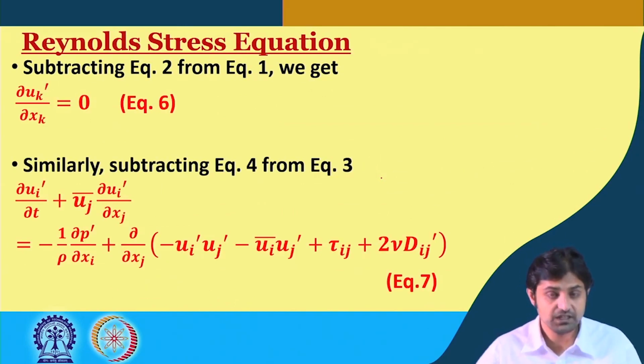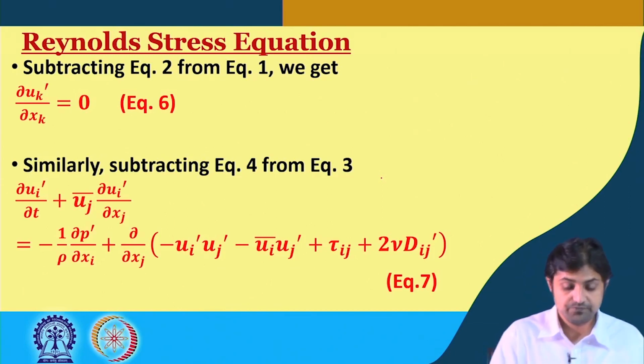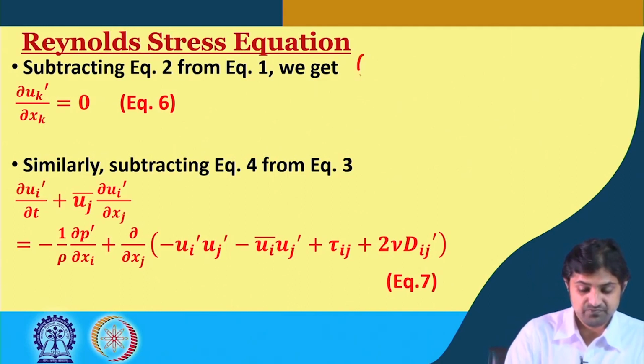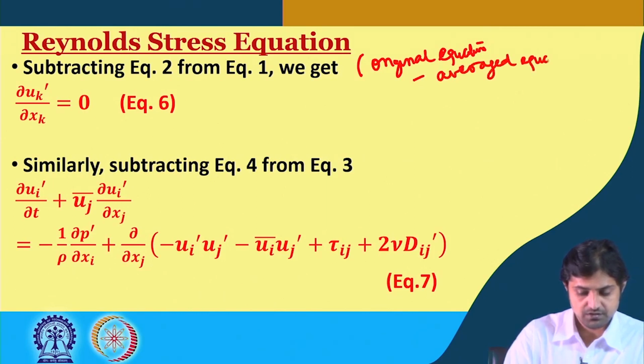We are going to get del ui prime del t plus uj prime, original equation minus averaged equation. All right.